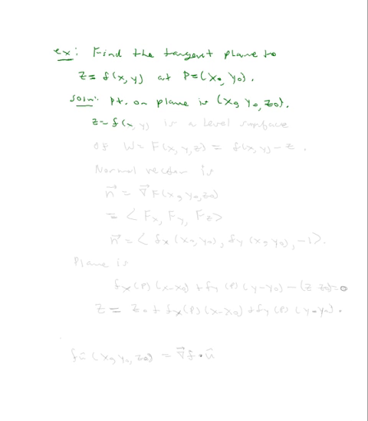So our surface z equals f of x, y, we can say is a level surface of the function w equals big F of x, y, z, which is equal to little f of x, y minus z.